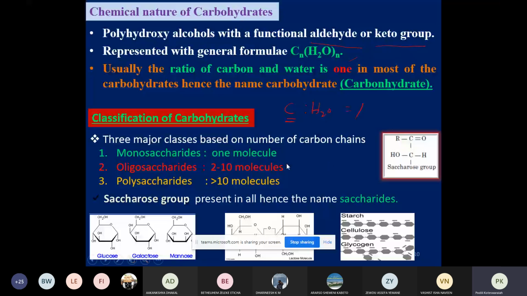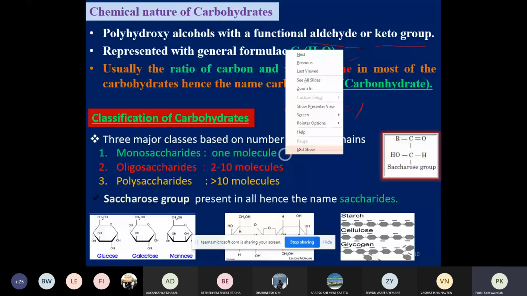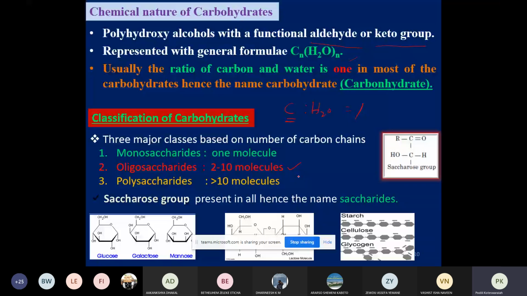And these carbohydrates are classified into 3 categories. One is monosaccharides, second is oligosaccharides, and third is polysaccharides.